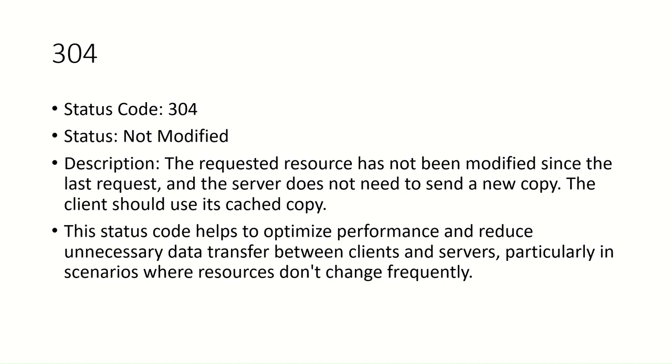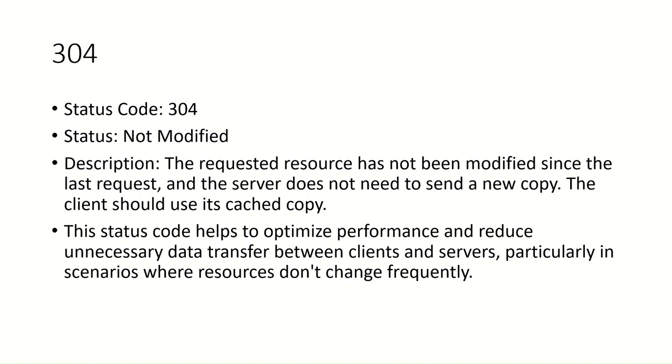Let's say the client is going to hit one API or one URL, and the requested resource has not been modified since the last request. Last time, let's say the client hit that URL 3 days before, and it is hitting it again today, but the response has not been modified in the last 3 days.